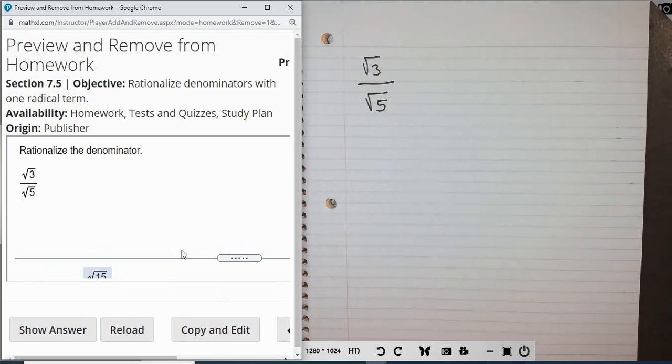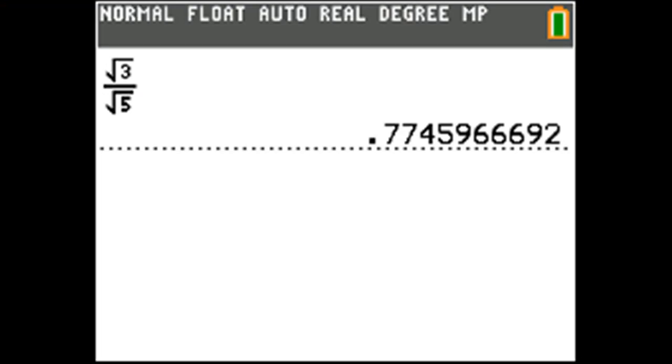Let's go to our calculator here, because a lot of times when I grade these tests, students sometimes will type in the radical expression into the calculator, and then they will get that decimal, and then they will write out that decimal approximation. That is a decimal approximation, by the way, and that is not what they're asking for. They're asking for an exact answer using radicals as needed.